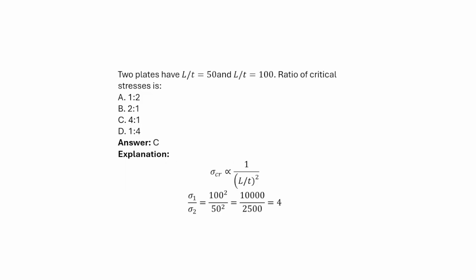Two plates having the L by T ratio, one is 50 and one is 100. Ratio of the critical stress will be, see, critical stress is directly proportional to 1 by (L by T) square.